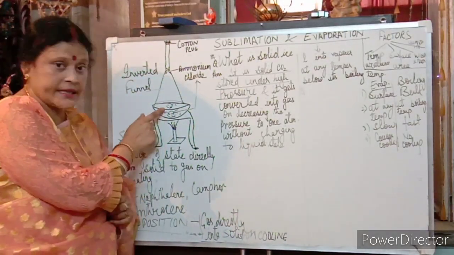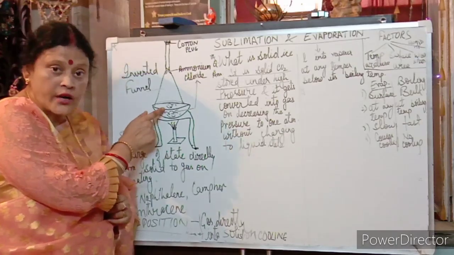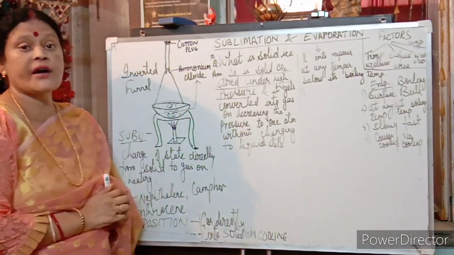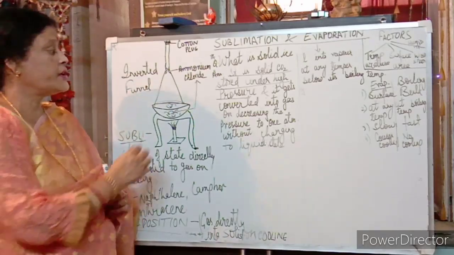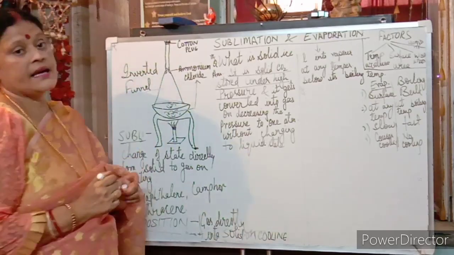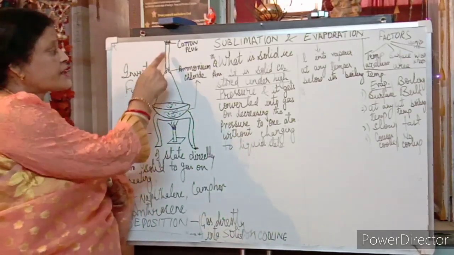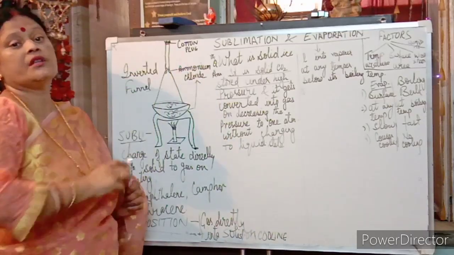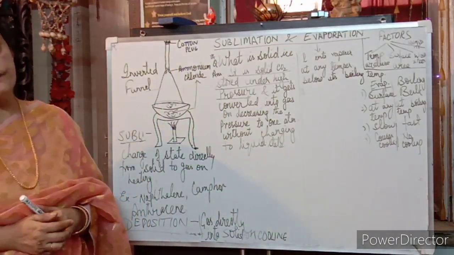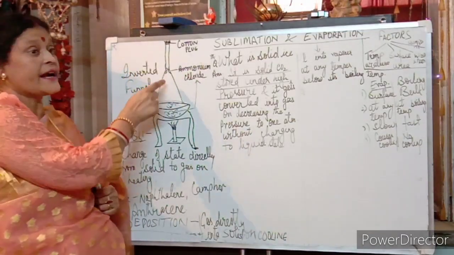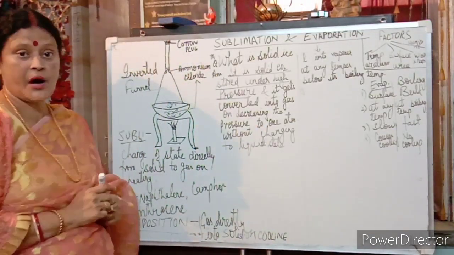When I provide heat using the burner, what happens? This sublimatory substance, ammonium chloride, will directly convert into gaseous state. Clear? We will plug the mouth of the funnel with cotton so that the gas will not escape out.